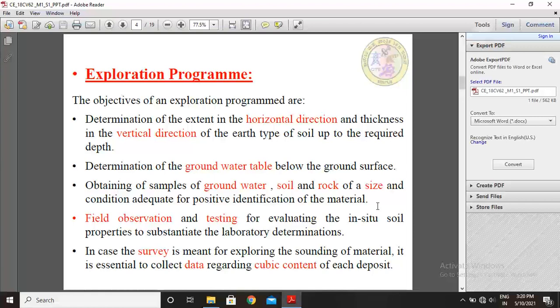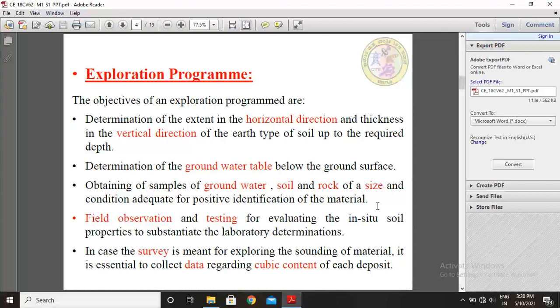Determination of the groundwater table below the ground surface, so this is also a most important objective. Next objective is obtaining samples of groundwater, soil and rock of a size and condition adequate for positive identification of the materials at the site.